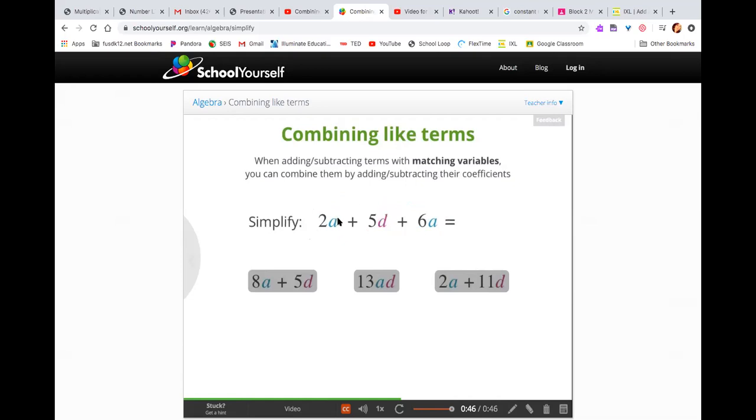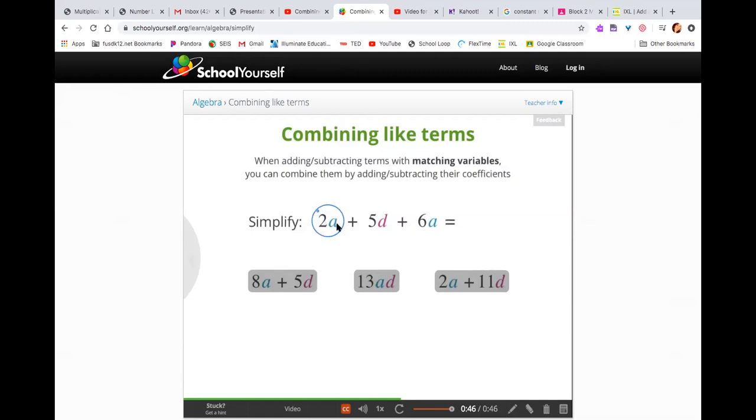Okay, so we can only add the ones that match. If they do not match, we cannot add them together. So which one do I think this might be? One thing I like to do is draw circles around one.